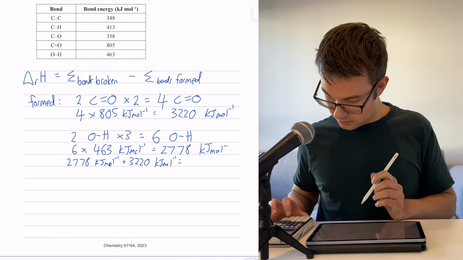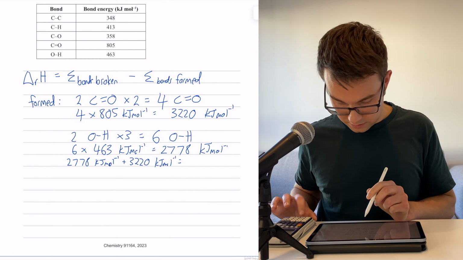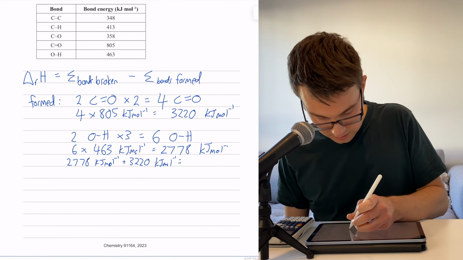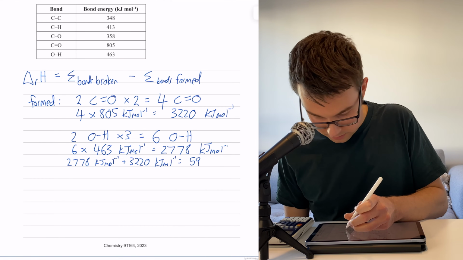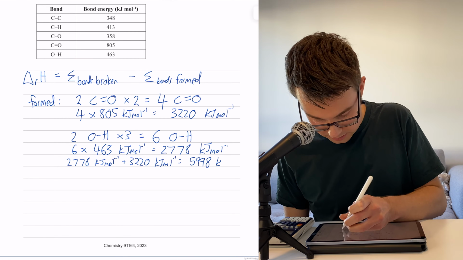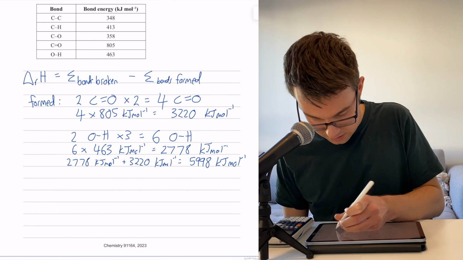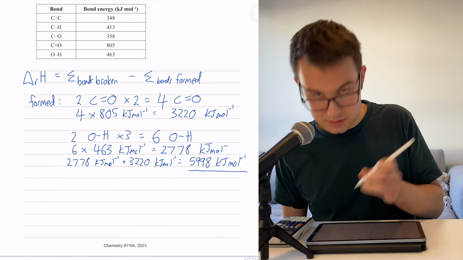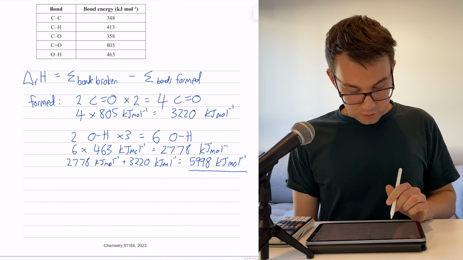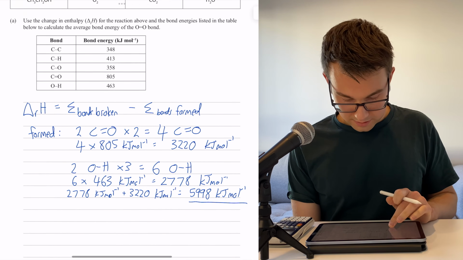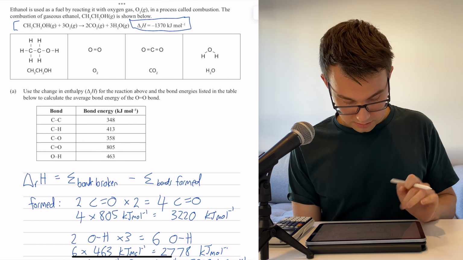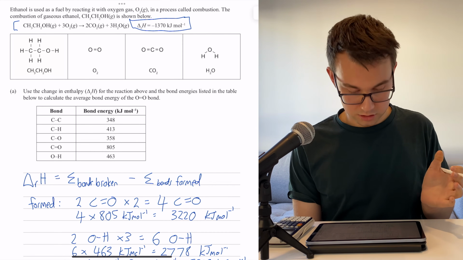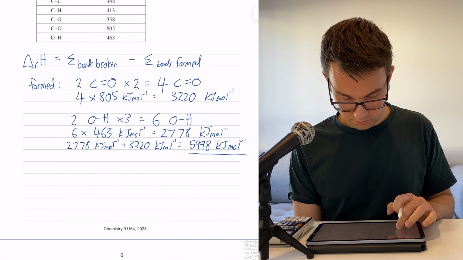Now, back into the calculator, and we get 5998 kilojoules per mole. So this is for the bonds that are formed. That's how much energy is released in this reaction per mole when they're formed.